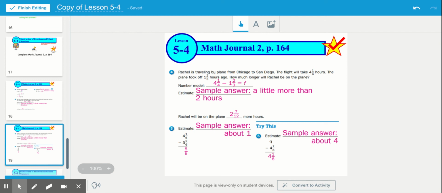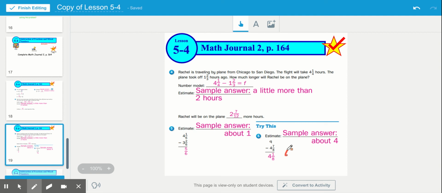9 minus 4 and 7/8, sample answer is about 4. What we did here is we took 9 minus 4 and 7/8. A lot of people might have thought the answer was going to be 5 and 7/8, and that would be incorrect. What you need to remember is that we've got no fraction here, so I need to borrow.